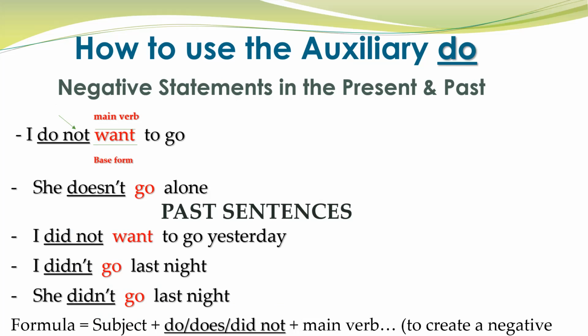Okay. If I was to come up with a formula to create negative statements in the present or the past using the auxiliary verb do, I would go subject first, then do, then the main verb to create a negative.